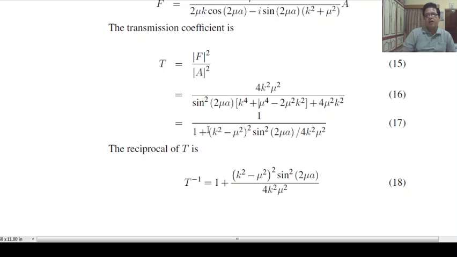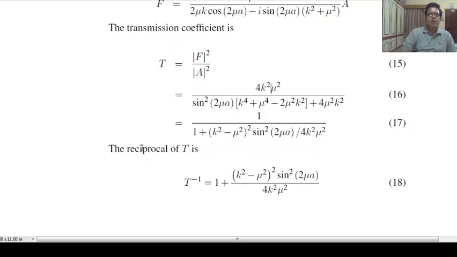And this is equal to 1 upon, if we divide by the denominator, you can easily get 1 upon 1 plus (k square minus mu square) whole square sine square 2 mu a upon 4 k square mu square.